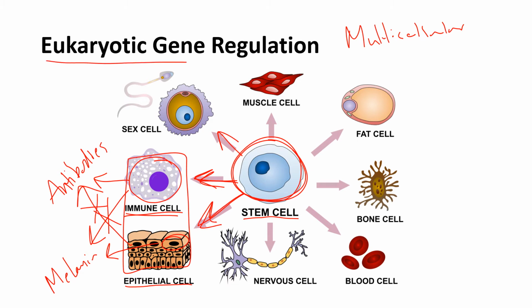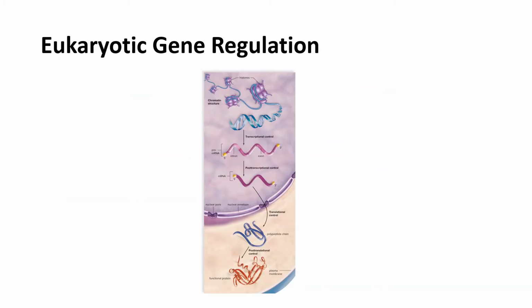So eukaryotic gene regulation is much more complicated compared to prokaryotic gene regulation. Prokaryotic gene regulation is pretty simple. It basically just involves operons. But eukaryotic gene regulation is much more complicated, as there are several levels to controlling gene expression.